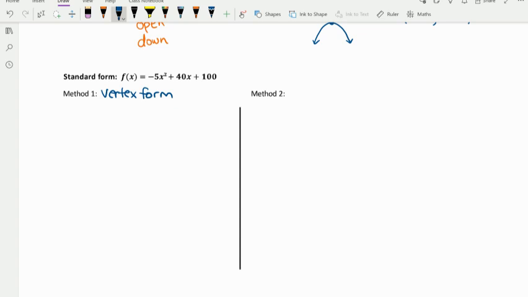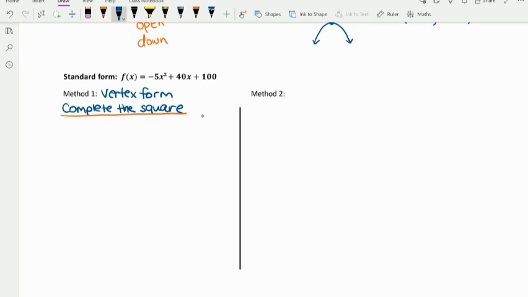We do this by a process called completing the square. I may ask you later on a quiz or a test to specifically show me, can you complete the square to find the vertex form?